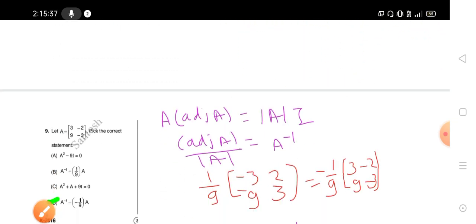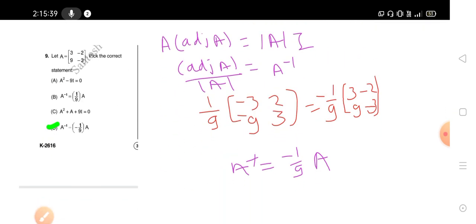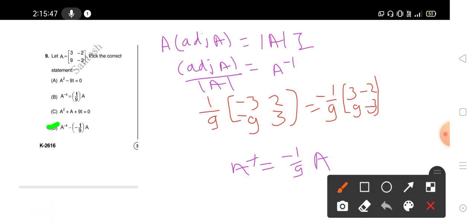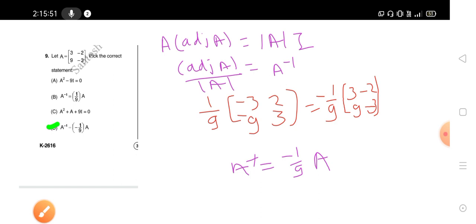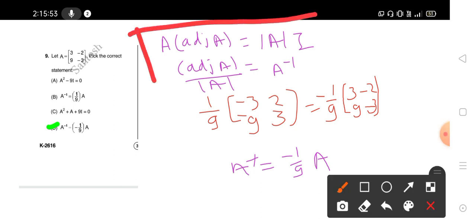Next question. Let A be the given matrix, 3, minus 2, 9, minus 3. Pick the correct statement. Find A inverse. In option A given, find A inverse. The standard formula is A into adjoint of A equal to determinant of A into the identity matrix.